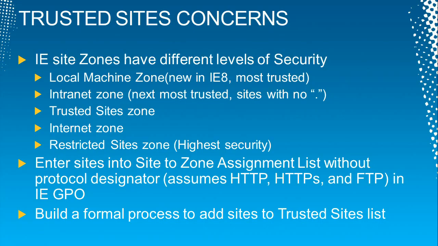Don't say HTTP, because the OS only uses that particular designator that you specify in that list. So if it's HTTP and there's also HTTPS, the HTTPS doesn't get run. So I always just leave it without a protocol designator, and that way we do HTTP and HTTPS when we're trying to test.